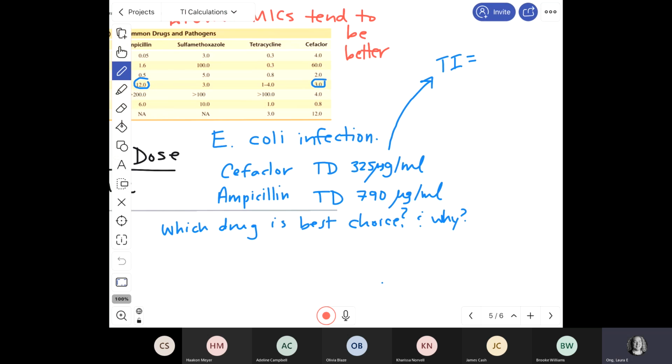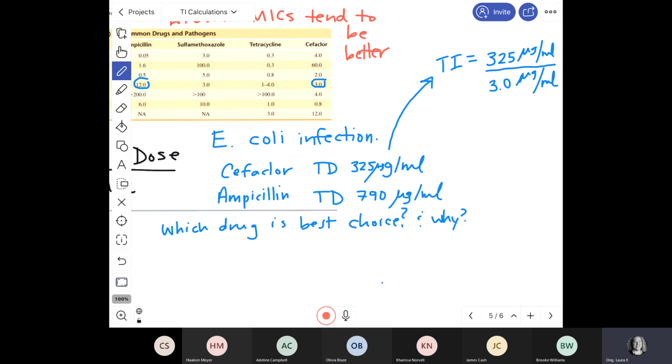So it's the toxic dose over the MIC. And I'll be setting these up so the units cancel. So it'll be 325 micrograms per mil over 3 micrograms per mil.